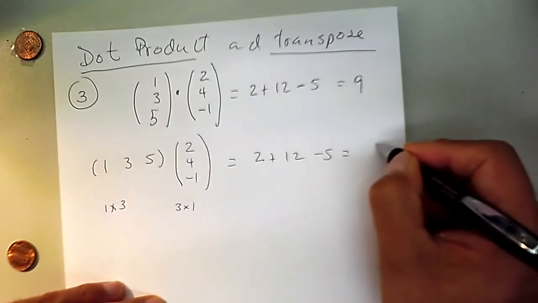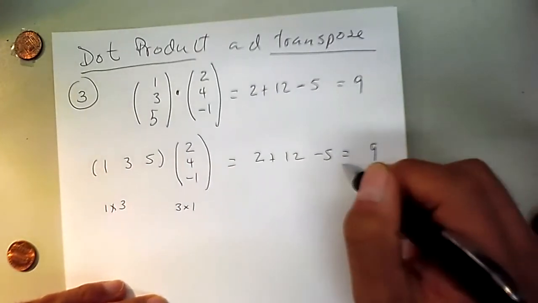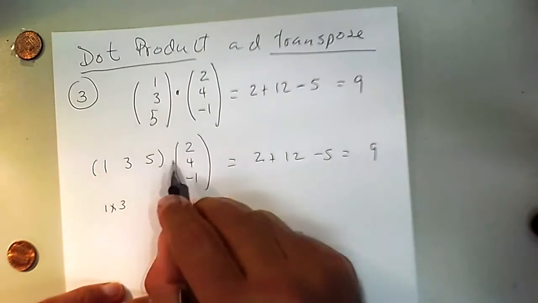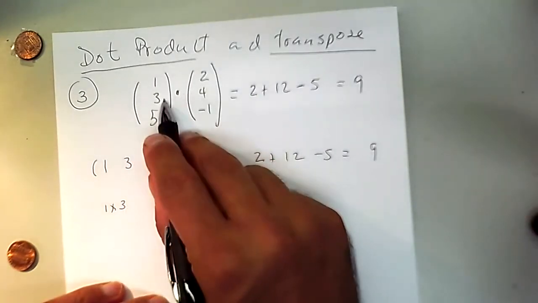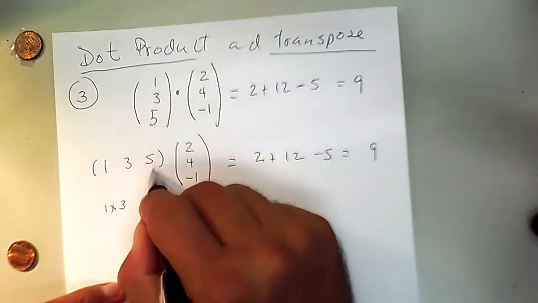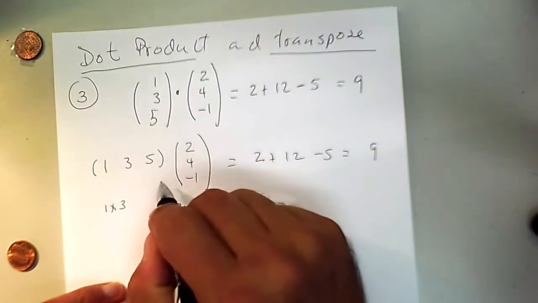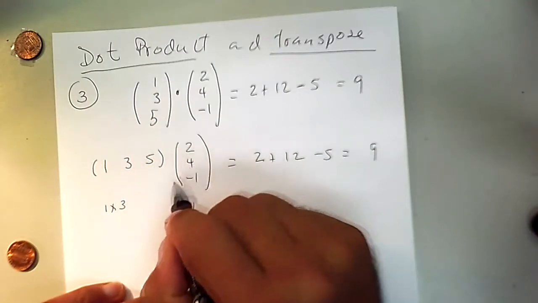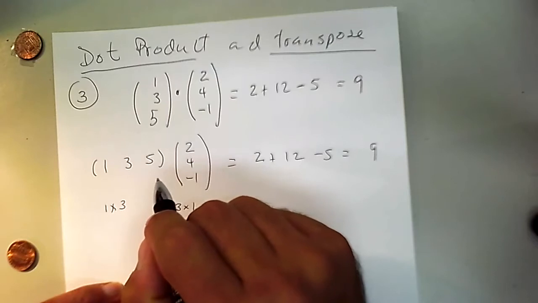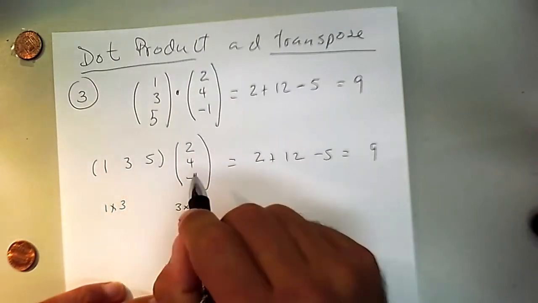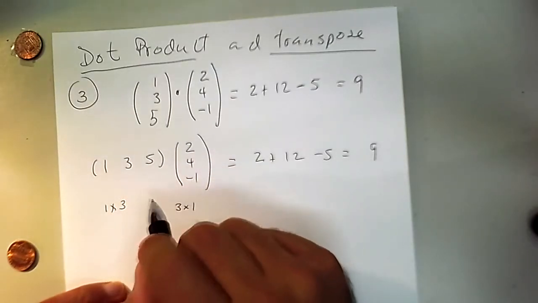Technically speaking, there is a difference though, because the multiplication of matrices should be a matrix.